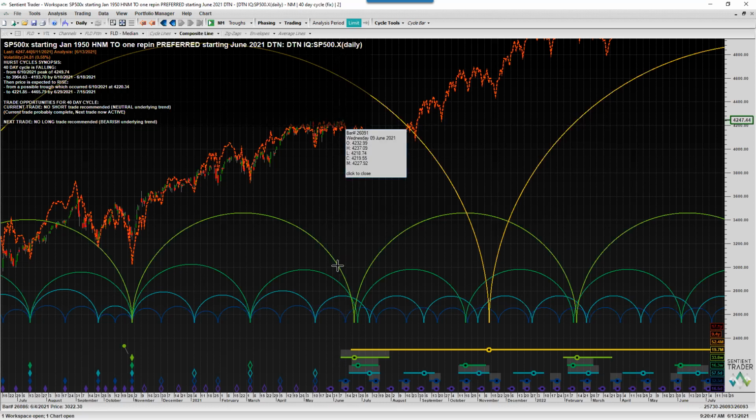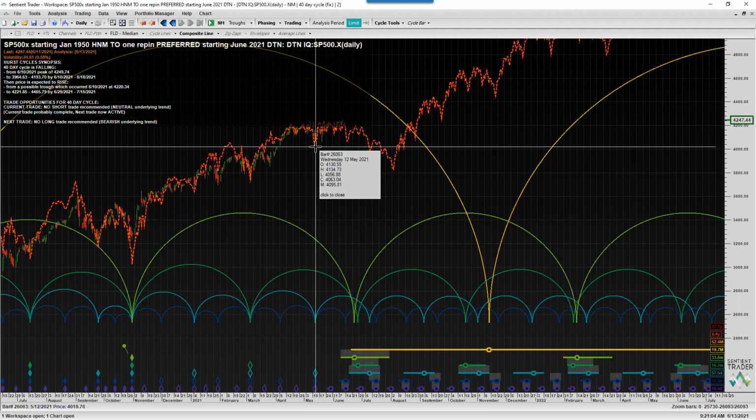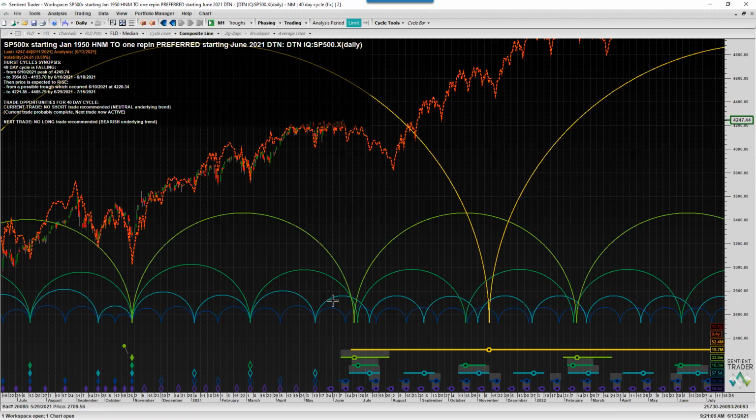So the 40-week is also pointing aggressively down. So is the 20-week. And we're topping in the middle of the 80-day, that's the blue one now. So the upward movement we've seen since May 12, I think, is the first half of an 80-day cycle, and it's just about done. Then we're going to get the last half.